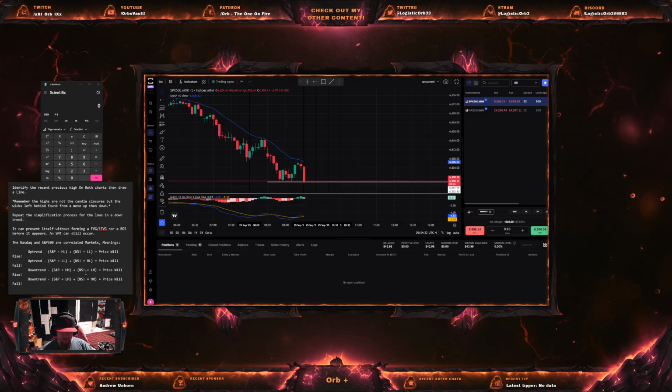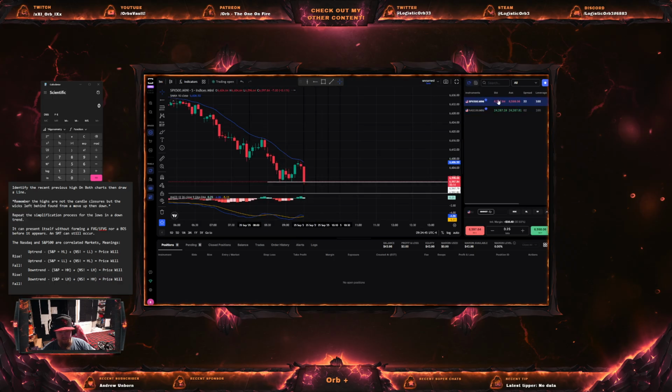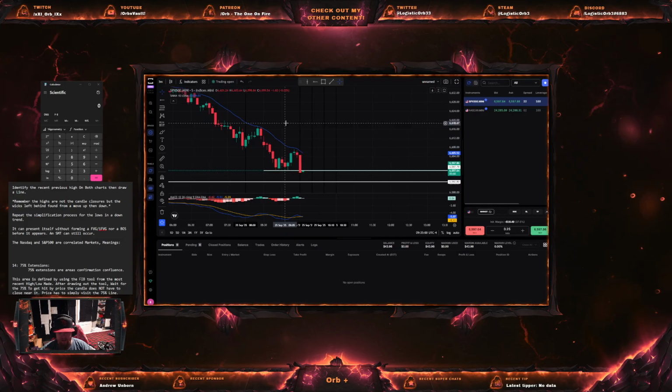If NASDAQ creates in a downtrend, it's based on highs. So here's one high, here's two high. S&P's got higher. The highs are the same at the moment. So I think I'm wrong with these notes. They're good to look at, but they are distraction. They overcomplicate this just a little bit.